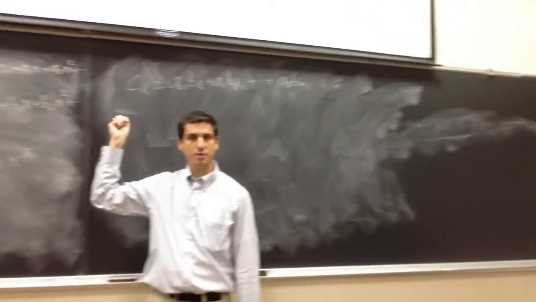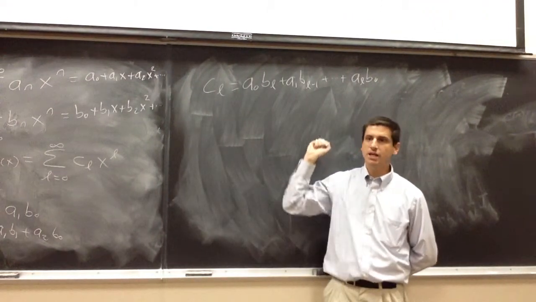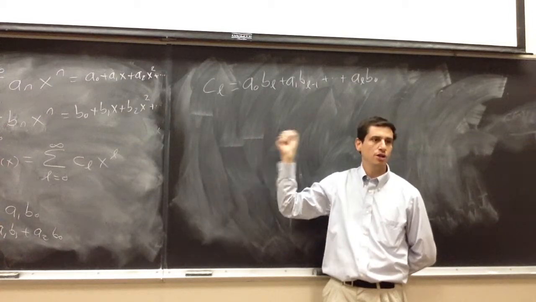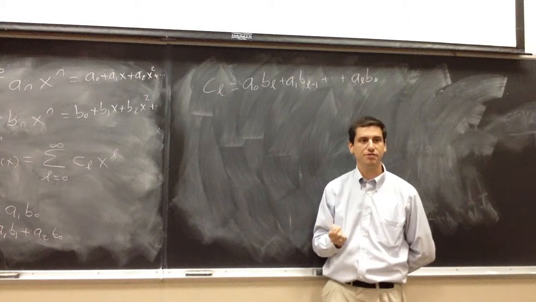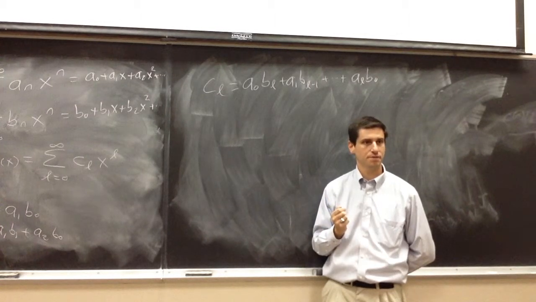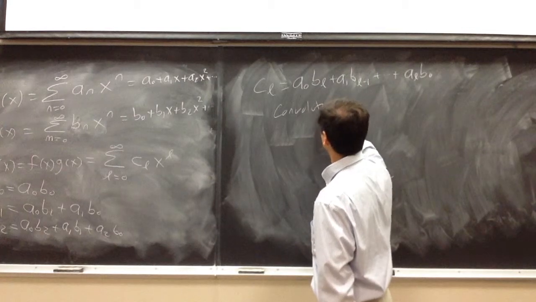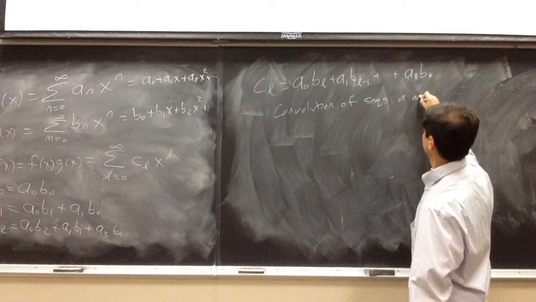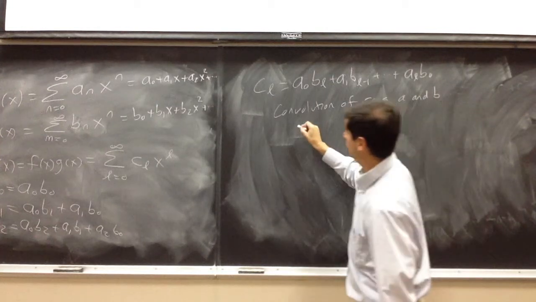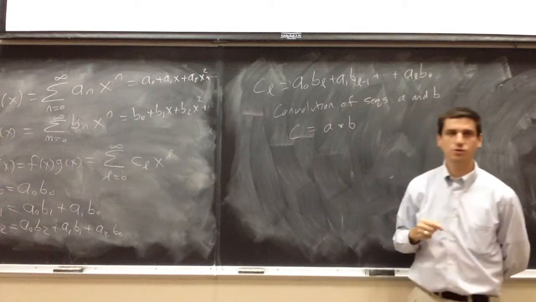And this is just coming from multiplication. If x is sufficiently small, and that's going to depend on the coefficients, this will all converge, this will all be well defined, and you'll have a new series. So we call this the convolution of the sequences A and B. We often write C is A star B to denote convolution.